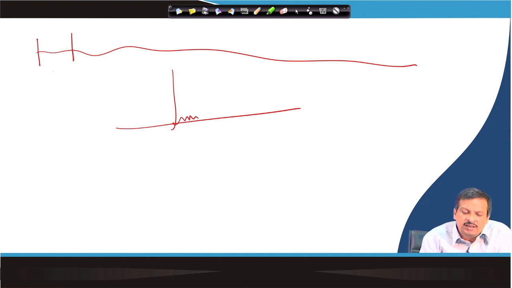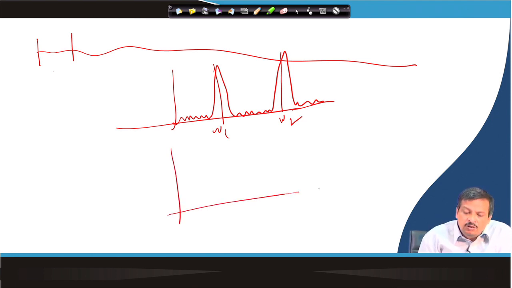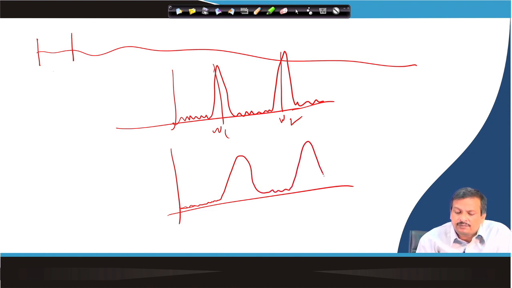There is noise, and then there will be a main lobe, there will be noise, there will be a main lobe. So, this is my omega 1 and this is my omega 2. Now, if I use a Hamming window, maybe this noise is reduced, but the main lobe width may be increased. So, this is the Hamming window.